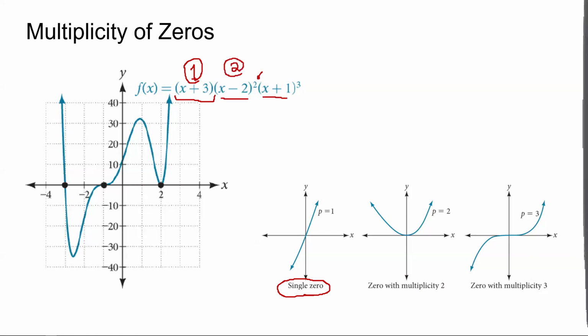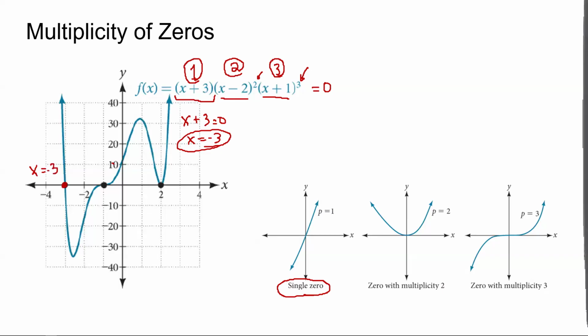And then lastly, right here, x plus 1 gets raised to the third power. So I've got three of those. The roots on those, when I set this equal to 0, I'd have x plus 3 equals 0, so x equals negative 3. And sure enough, there's a dot there at x equals negative 3.